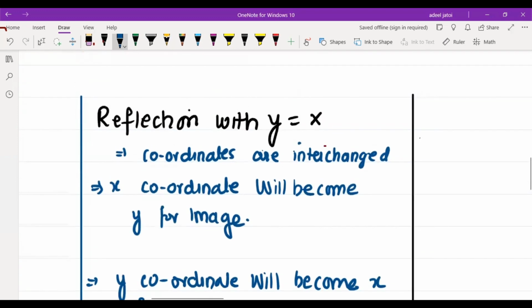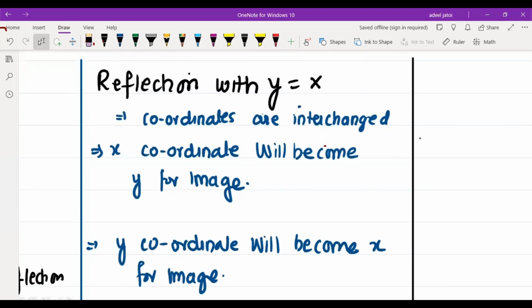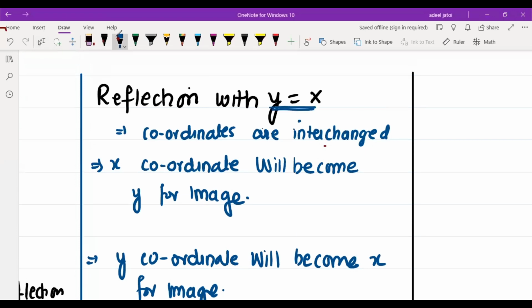But with respect to y is equal to x, this is very important for you to understand that the y is equal to x reflection line will always have coordinates what? If x is 1, that means y will be 1. If x is 2, y will be 2. If x is 3, y will be 3. If x is 4, y will be 4.